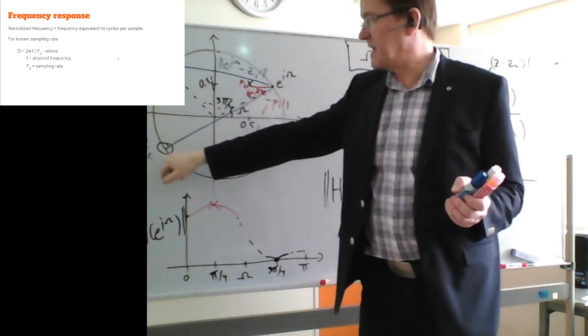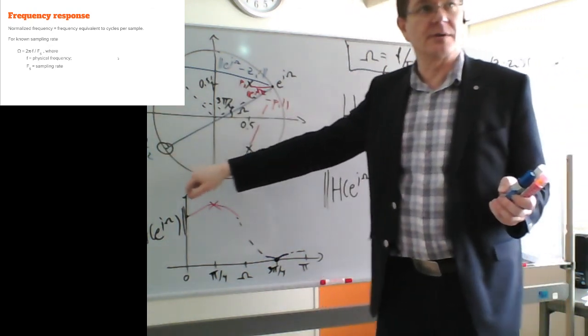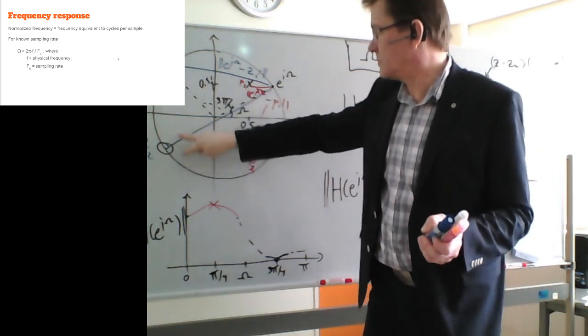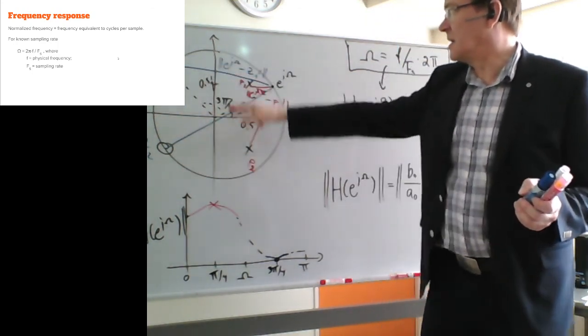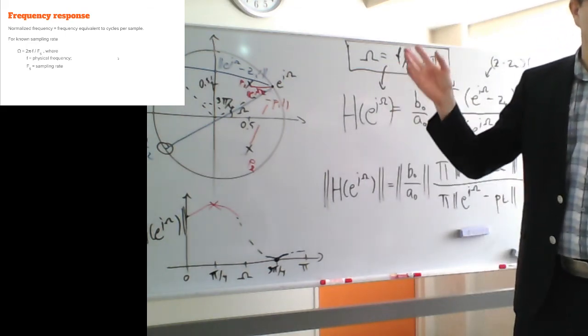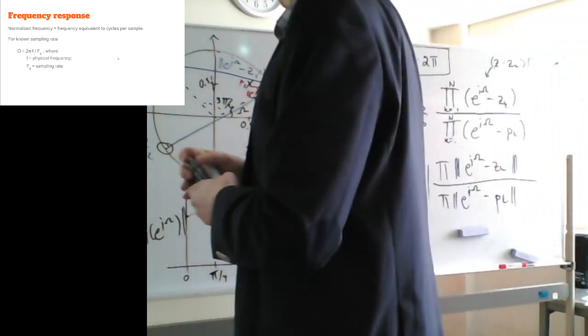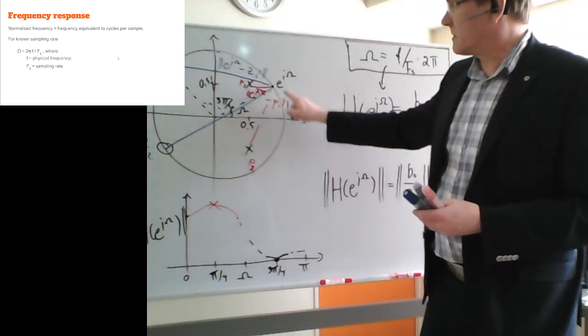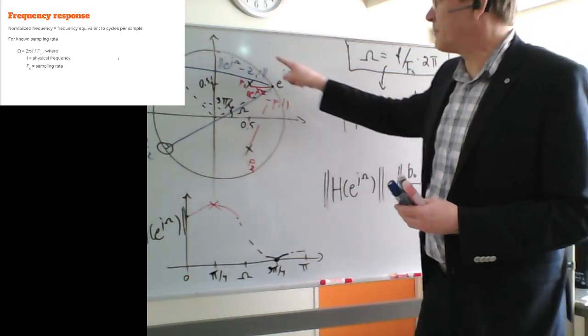And this basically is the aliased spectrum here, so it's aliased to the corresponding positive side here. But, well, that's just philosophy. Anyways, that point here is where the circle repeats itself.